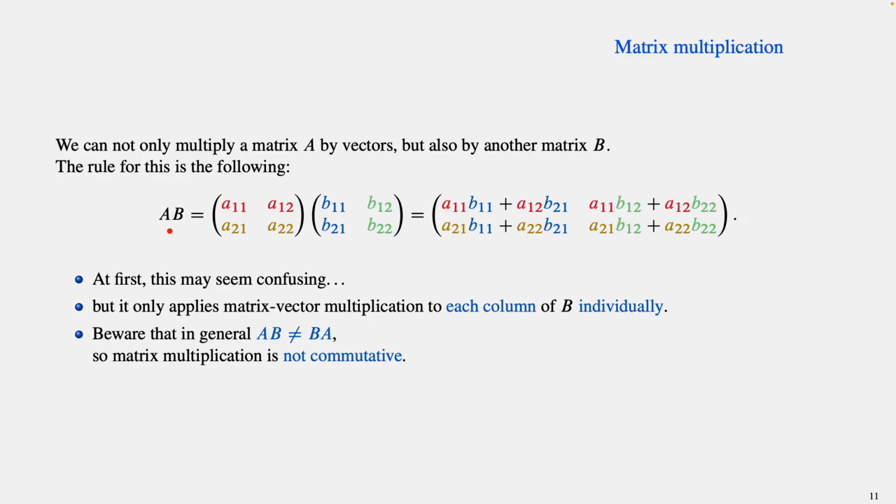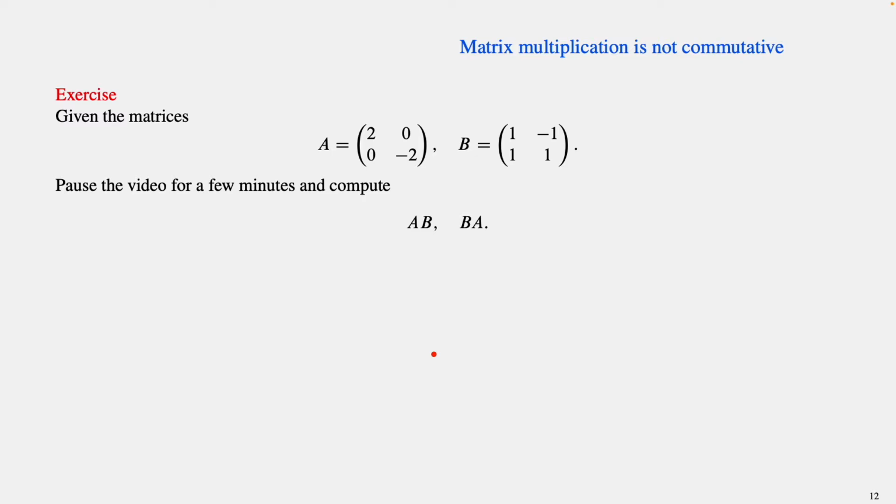It's important to note that matrix multiplication is not commutative. So in general, if you have two matrices A and B, you will not have that A times B is the same as B times A. Sometimes this can happen in very special cases, but in general, they are not the same. So you have to be careful there when reasoning about matrix multiplication.